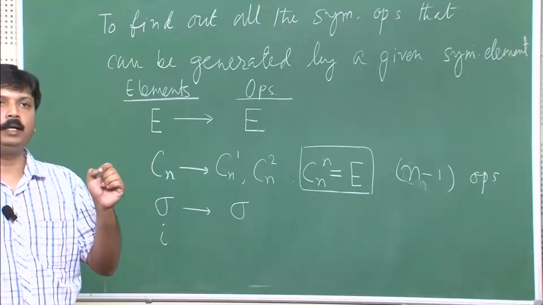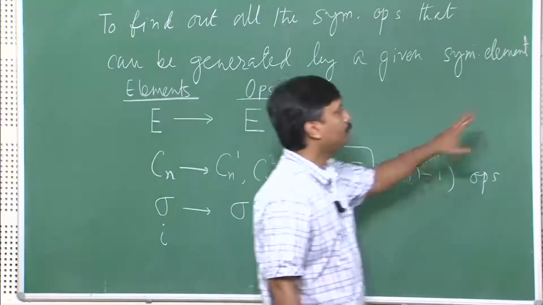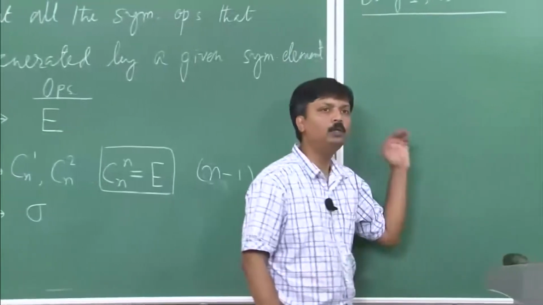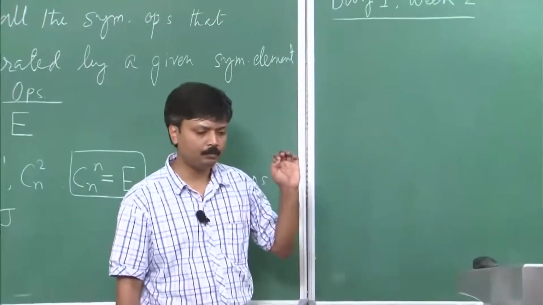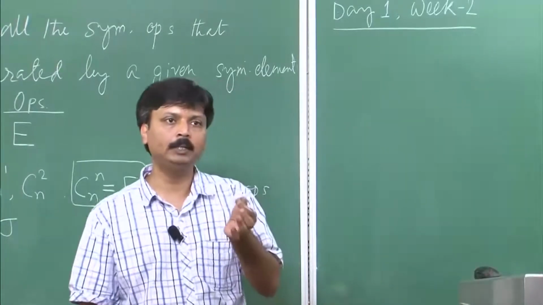any particular given point in a body, right. So, if you have a molecule which has a center of inversion, which is called a centrosymmetric molecule, because this is the center of symmetry also.